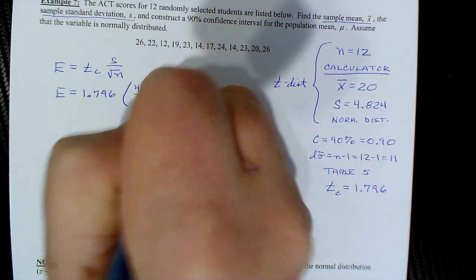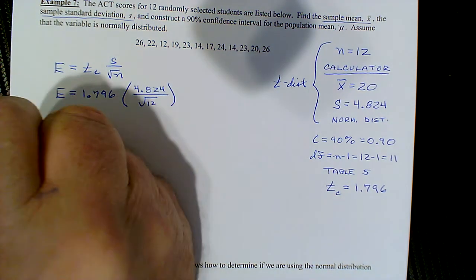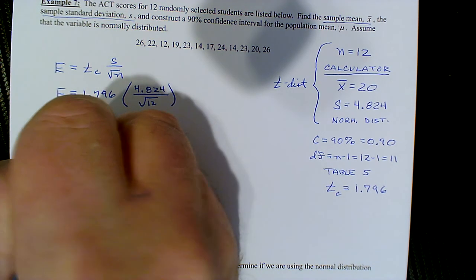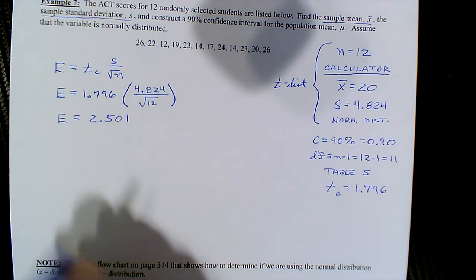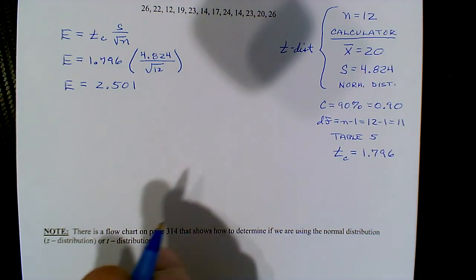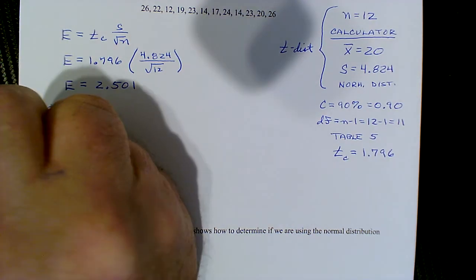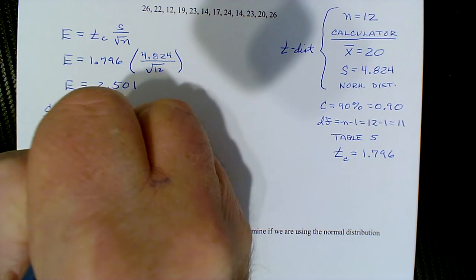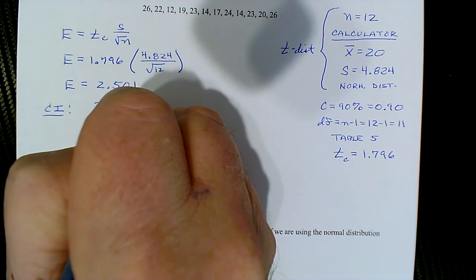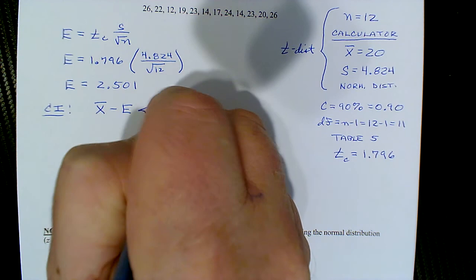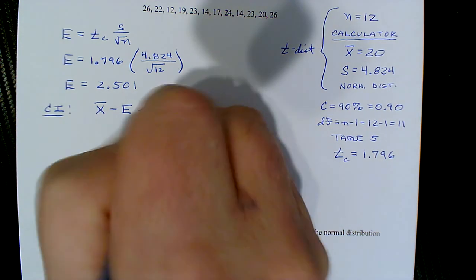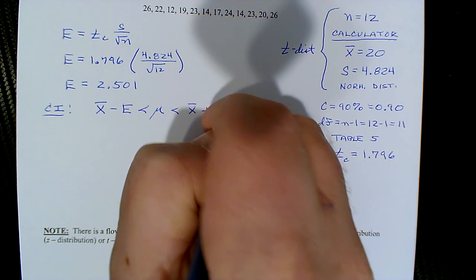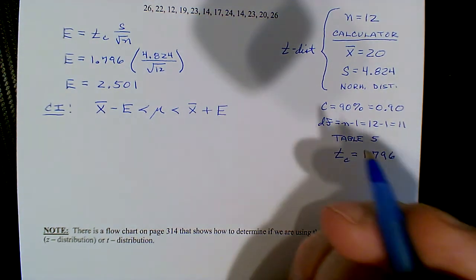So now the confidence interval. Left endpoint, sample mean X bar minus E is less than what we're trying to estimate, the population mean, which is less than the right endpoint of X bar, the sample mean, plus E, the margin of error. And so plugging everything in, X bar was 20 from our computations, minus E, the 2.501, is less than mu, which is less than 20 plus the 2.501.